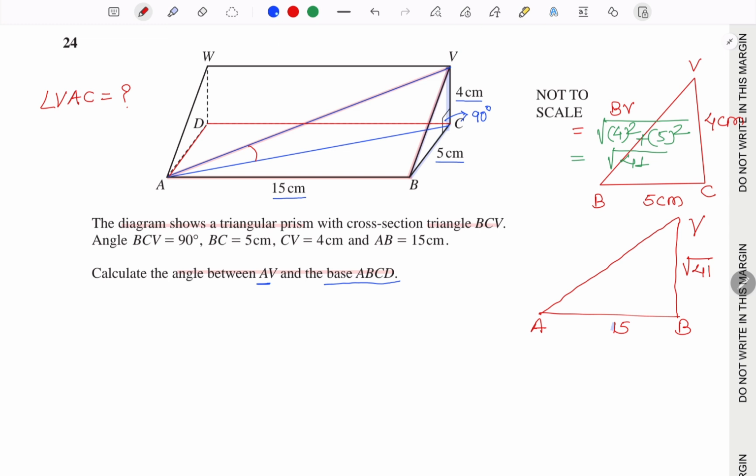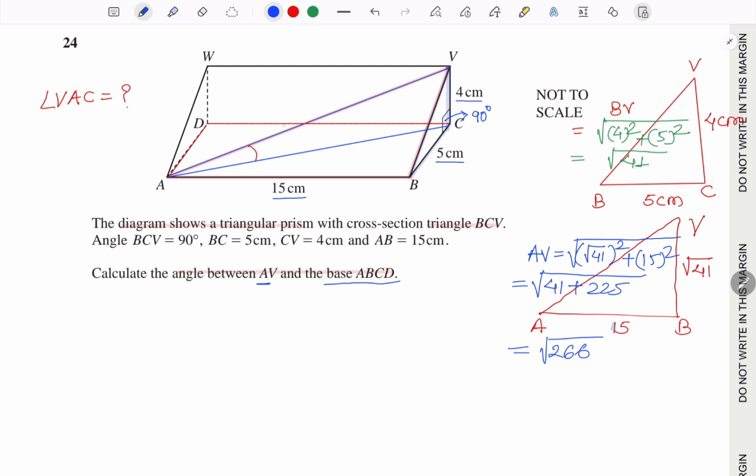Again, we can use the Pythagorean theorem here. AV will be root under root 41 squared plus 15 squared. If you solve this one, it will give you 41 plus 225. Solving it further will give you 266.